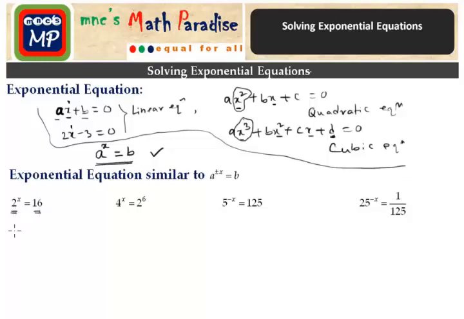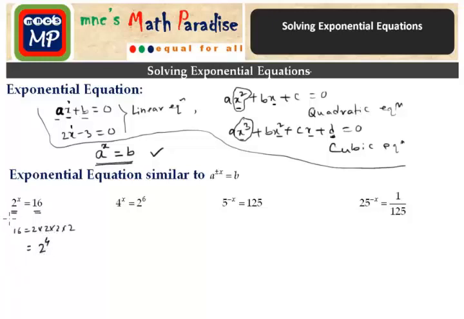So 16, we know that 16 equals 2 times 2 times 2 times 2. That is 2 times 2 is 4, 4 times 2 is 8, 8 times 2 is 16. So 16 can be written as 2 to the power 4. Here x is the power and its base is 2, so we converted this 16 into the index form where the base is 2.